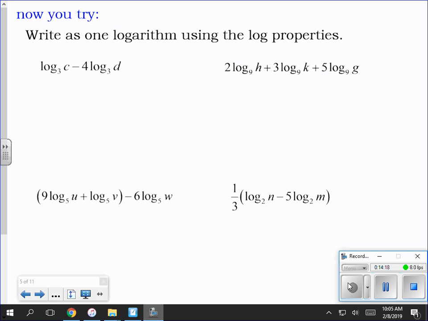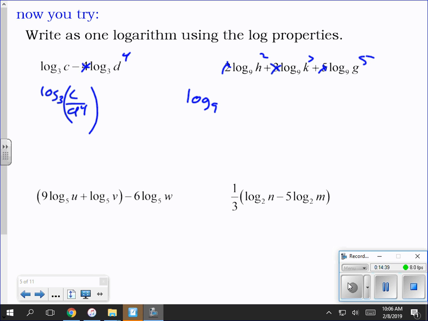So, once again, bring the powers up first. Then I have log base 3 of c divided by d to the 4th. That should all be part of the log. Bring up the 2, bring up the 3, bring up the 5. That's addition, so it's all multiplying. That's easy.